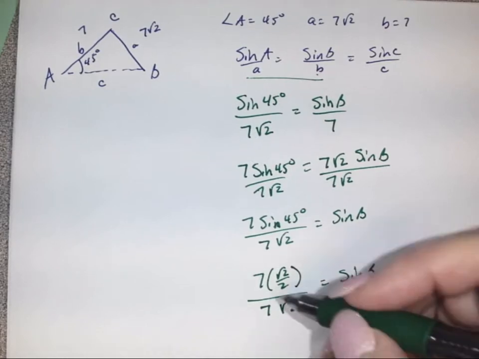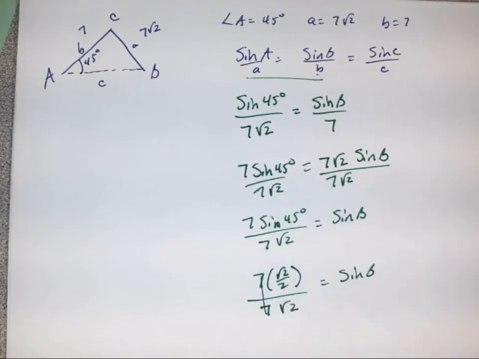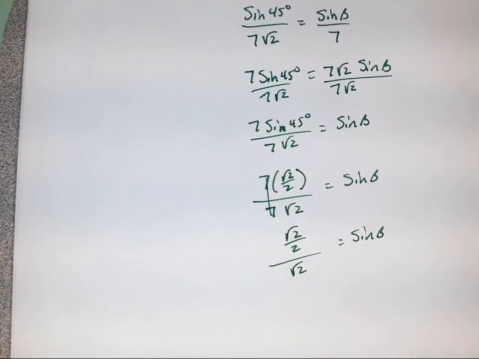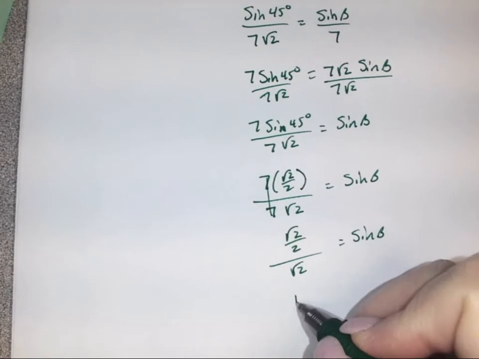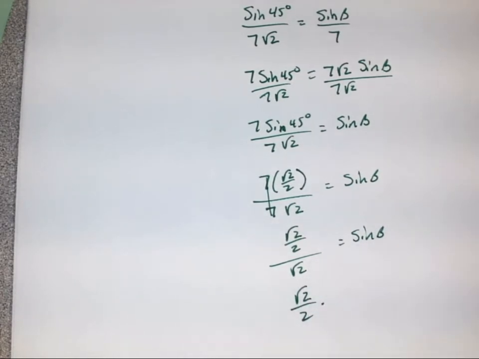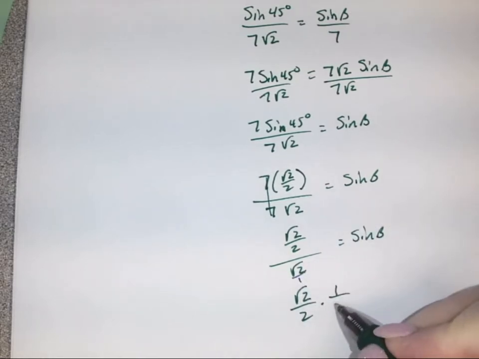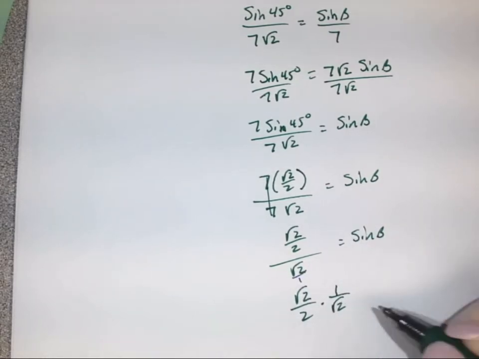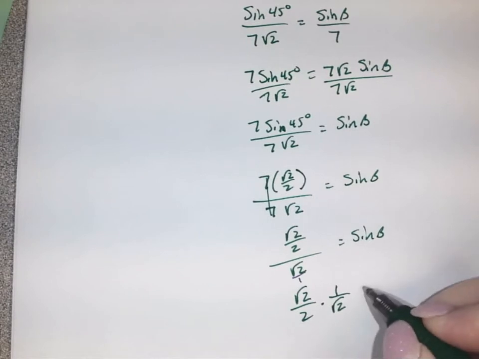Well, the 7's are going to cancel, right? We could have canceled those earlier. So now we have the square root of 2 over 2 divided by that square root of 2. We've talked before that we don't divide by fractions, we multiply by reciprocals. So now we have the square root of 2 over 2 times 1 over the square root of 2.